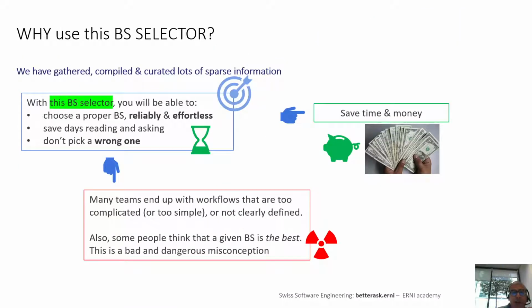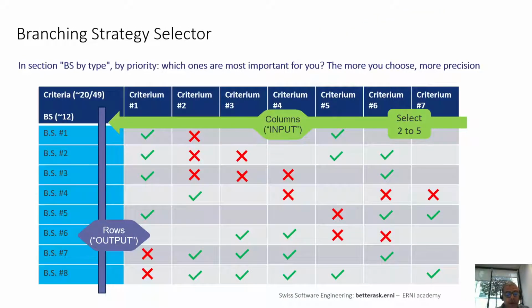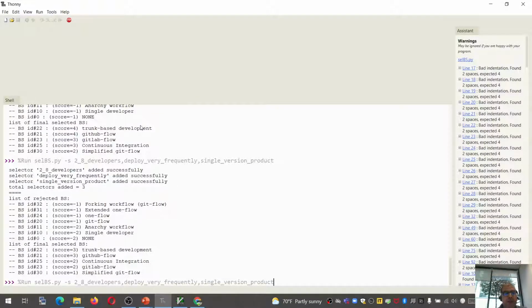Because, as we said here, if you pick a wrong one, it can be worse than not having any strategy at all. That's why we are telling them, you can use these ones, maybe better this one, but you can also use this one, which, even if it does not have such a high score, if you like it, use it. You can use it, no problem. But don't use these ones because they're going to be bad for you. That's why we list the rejected branching strategies.